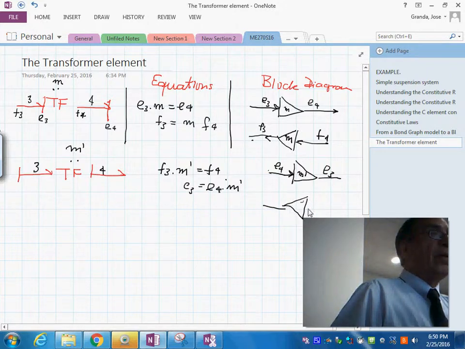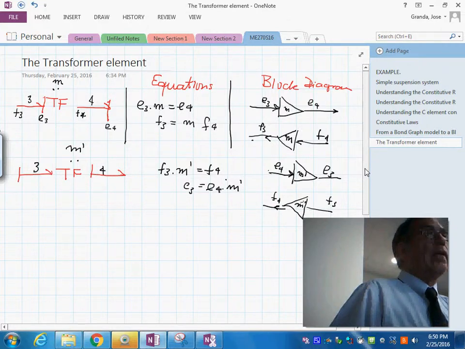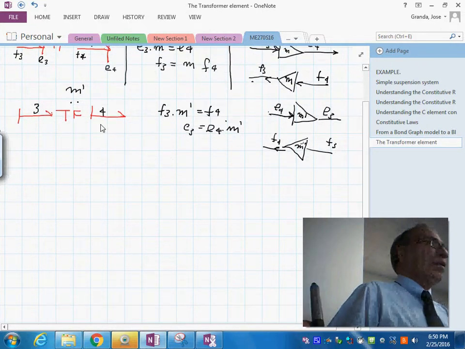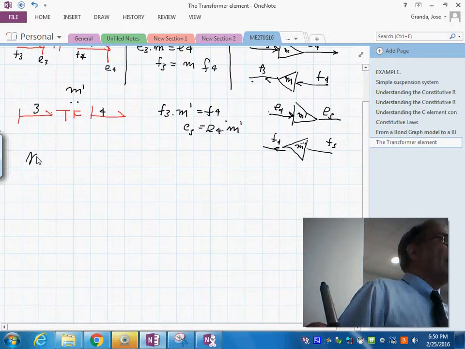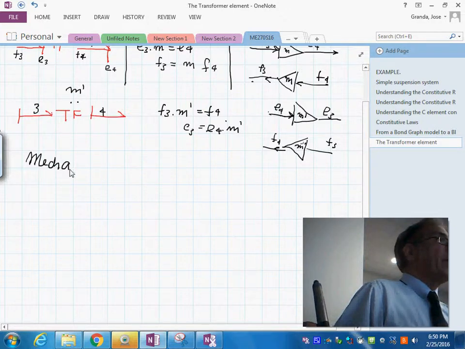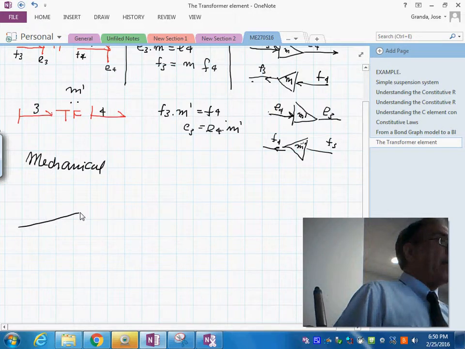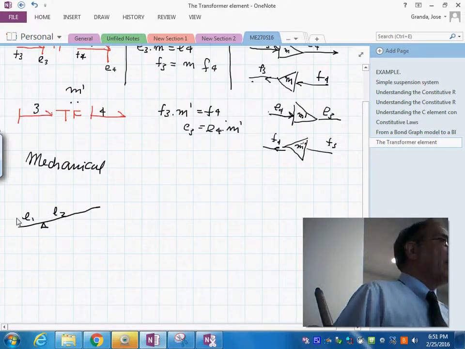This is in general. Let's just say an example of a mechanical system. If you have like a lever, like this, with L sub 1 and L sub 2, and then you can apply the force F1, and this is F sub 2. We have a rotational example.